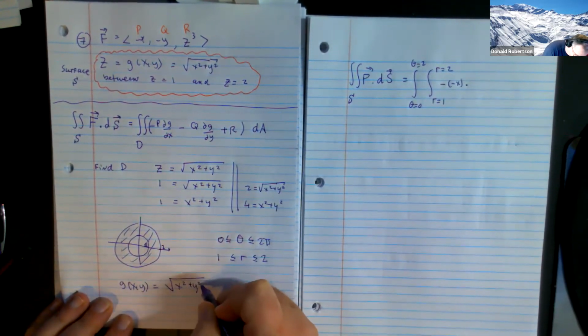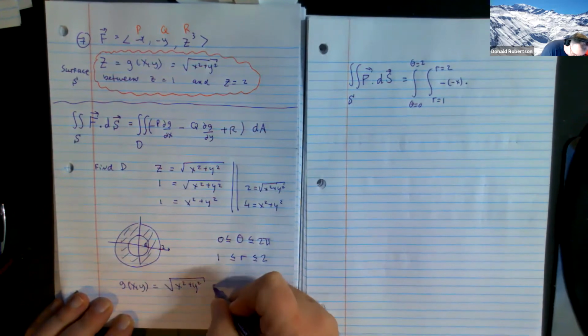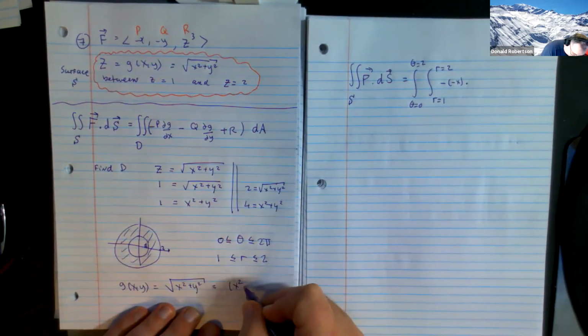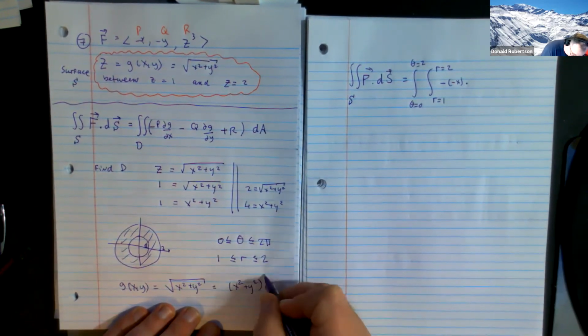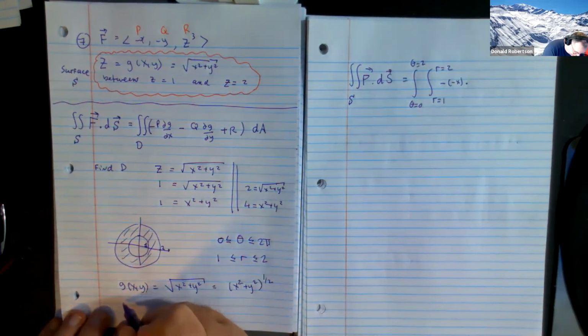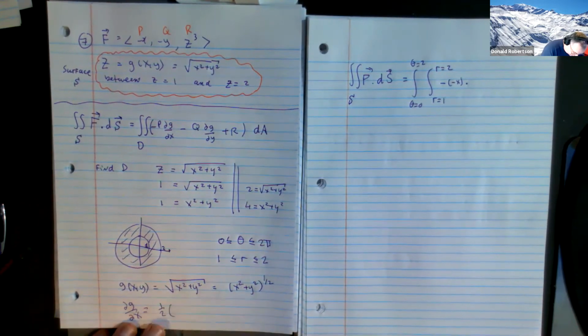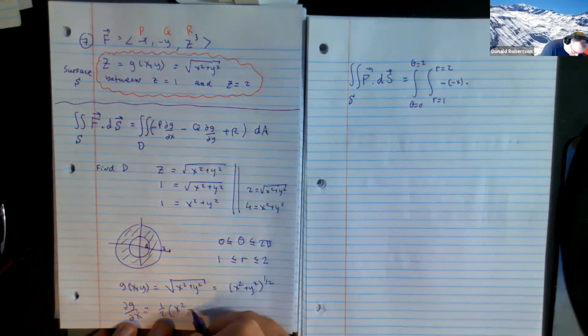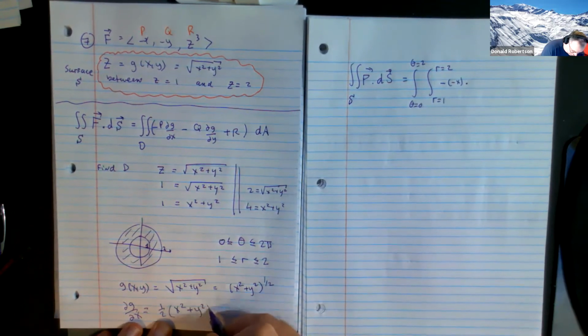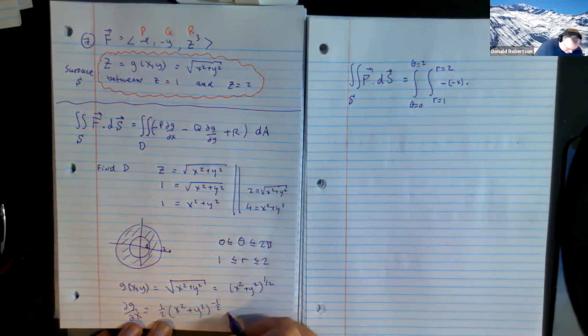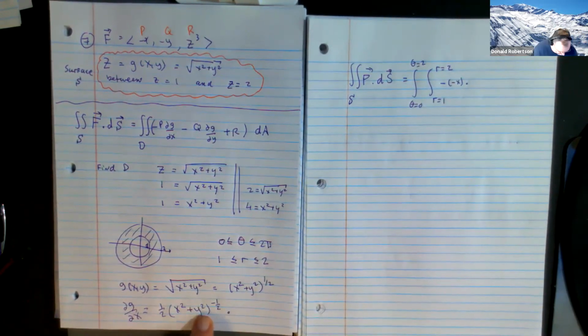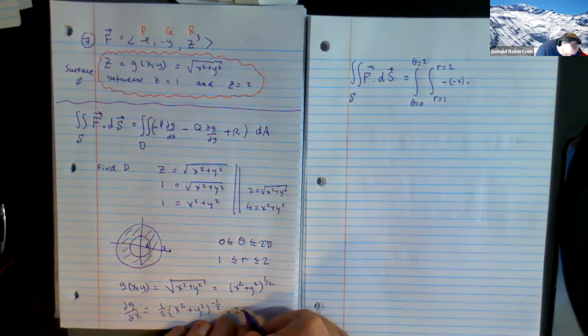We're going to do the partial derivative of this with respect to x. In order to do that, I'm going to have to call it a half power. So the partial derivative with respect to x is a chain rule of 1/2 times (x squared plus y squared) to the negative 1/2, times the derivative of x squared plus y squared, which is 2x.